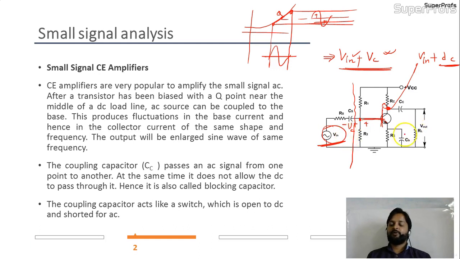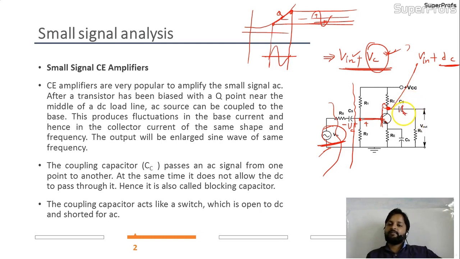So at the output you need only the AC part, because this is the original input you applied. This VC or this DC part, whatever we added into the input signal, is not the original one. Okay. This was the magic of this circuit. So this is an unnecessary thing for us. We don't want this.